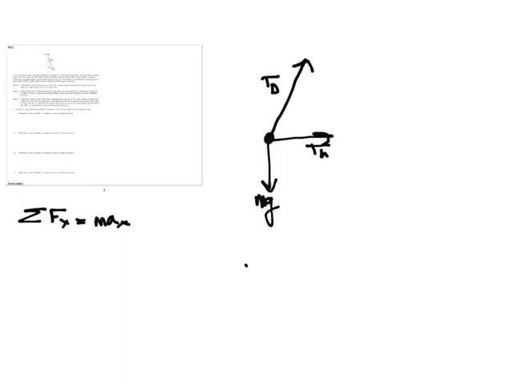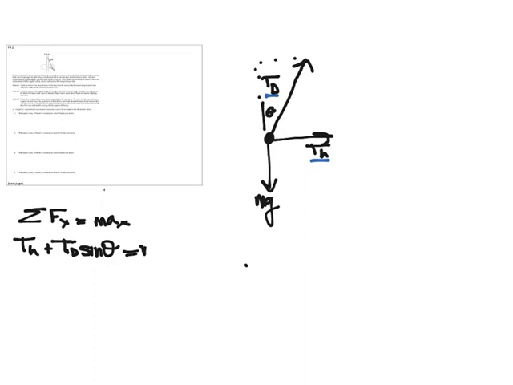Both TH and TD have x components, so I have TH plus TD, and the way my angle is, the horizontal component will be TD sine theta, because sine is opposite, that's this side right here.